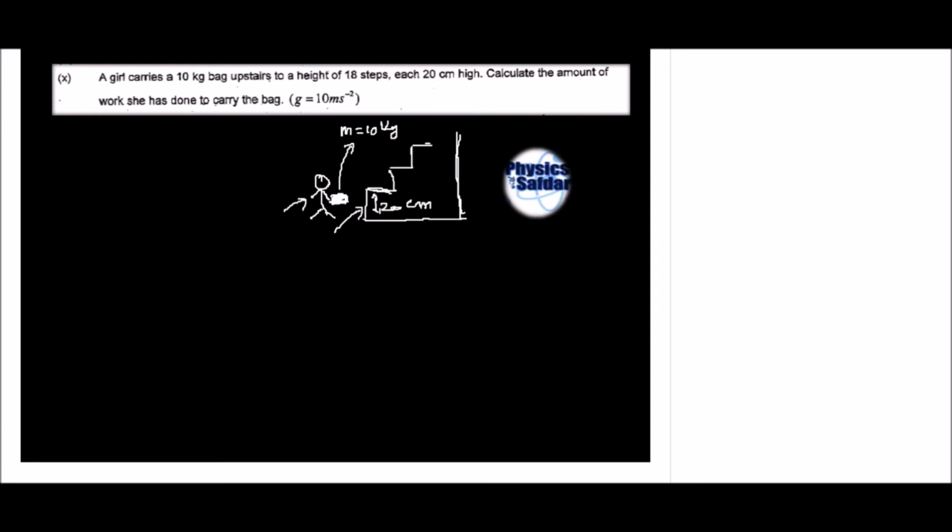In this case we have mass of the bag, that is 10 kilogram. You can calculate weight of the bag by using this equation, that is m times g. So we get mass is 10 and we have to take g is 10. So finally we get 100 Newton.